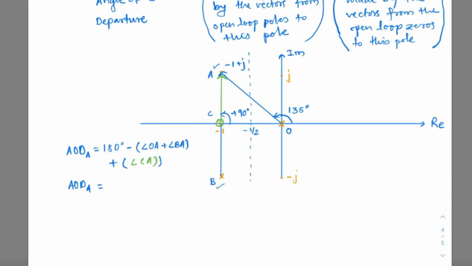So the angle of departure for A would be 180 degrees minus the angle from OA, which is 135 degrees, plus 90 degrees, plus 90 degrees. So this plus 90 and this minus 90 would get cancelled. And the angle of departure for the pole A would become 45 degrees.